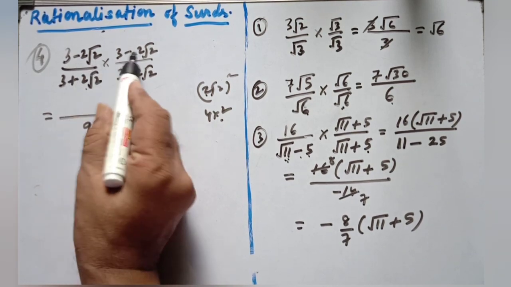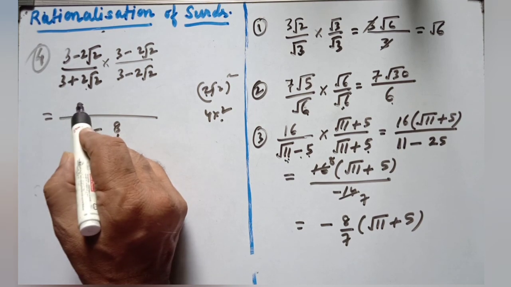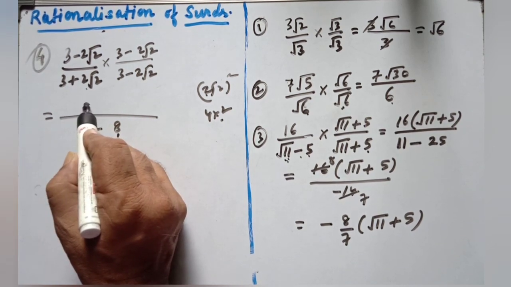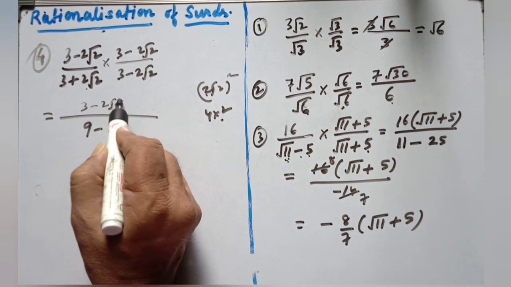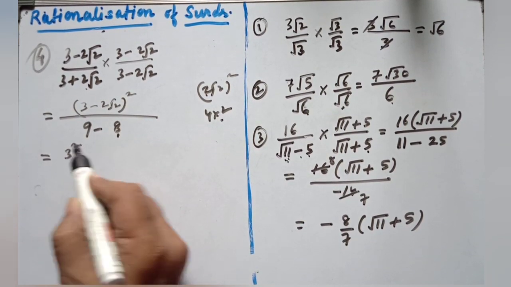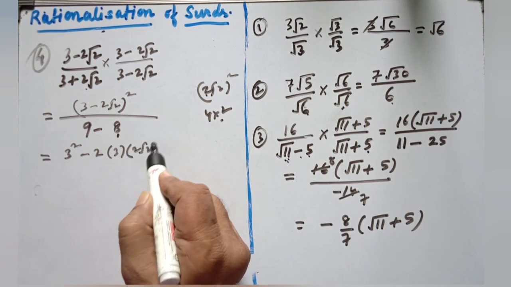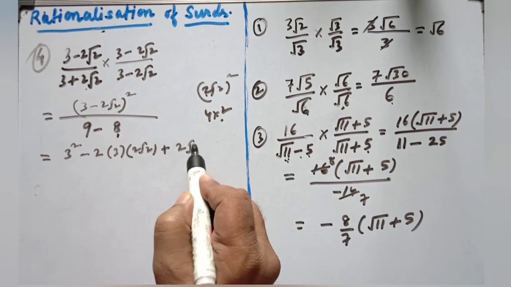Now multiply the numerator, so it is 3 minus 2 root 2 whole square. You can use the formula a minus b whole square. So it is 3 square minus 2 into 3 into 2 root 2 plus 2 root 2 square.